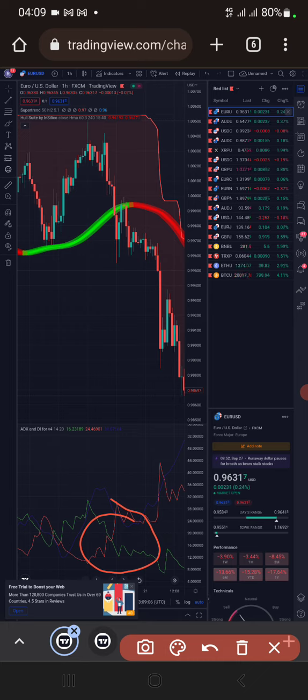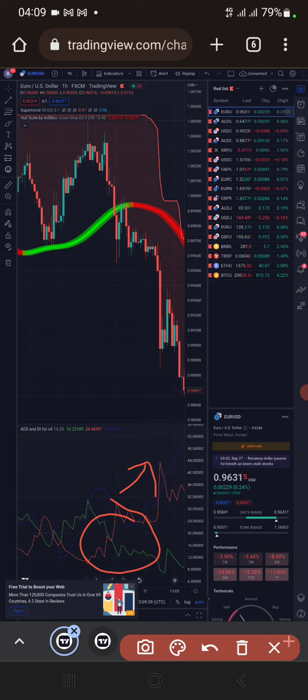So our red line has crossed upward. Now we are in a bear market. Now we are looking for what conditions we need to enter into a trade. We need our purple line to move up, in an upward direction.